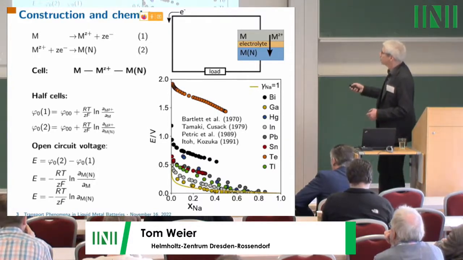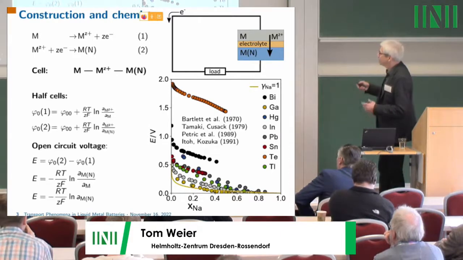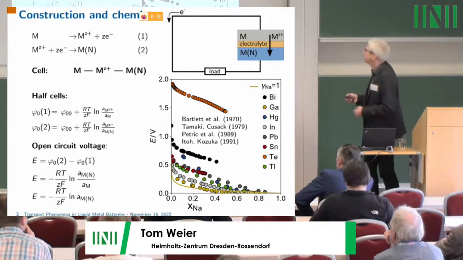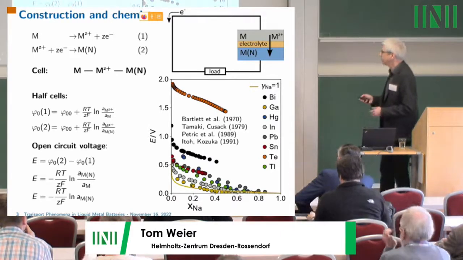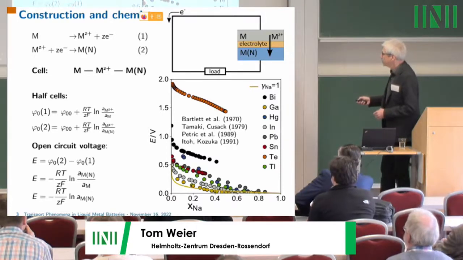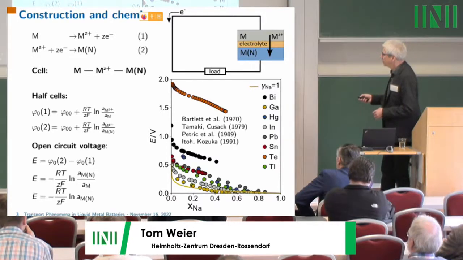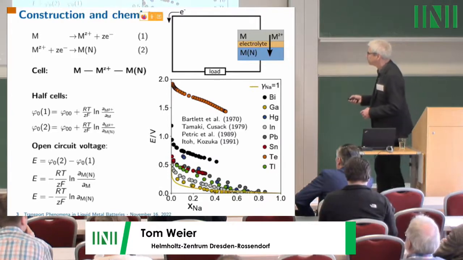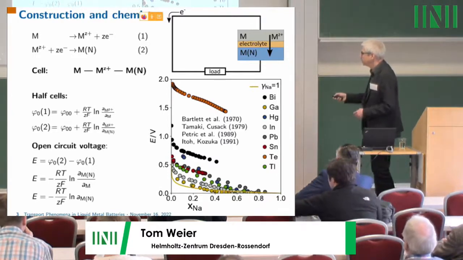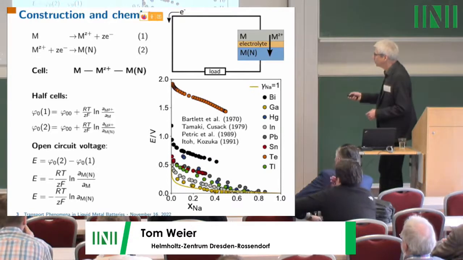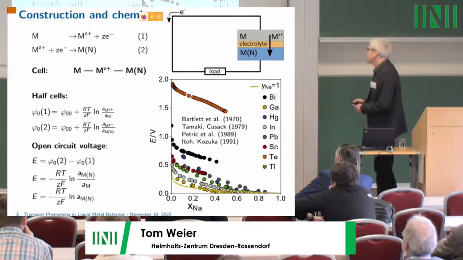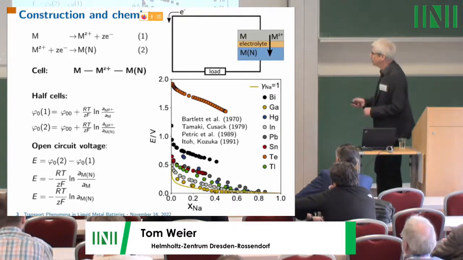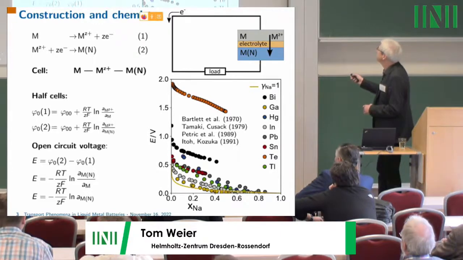And another important piece of information is that the activity, sort of a concentration, of a pure metal is by definition 1. So you end up with a very simple equation for the cell potential at rest. There is just a prefactor, including temperature, Faraday constant, and how many electrons are shed by the metal, and the gas constant, and then the natural logarithm of the activity of the alkali metal in the alloy.